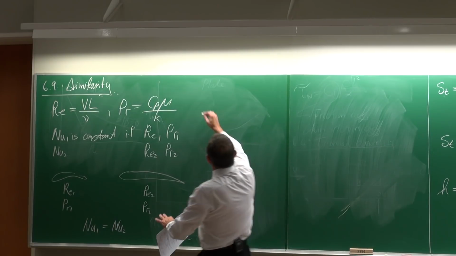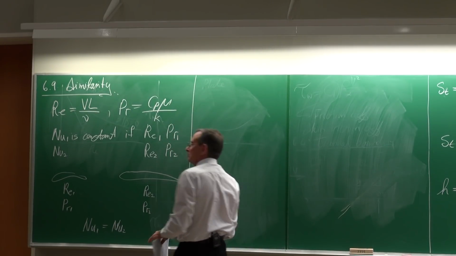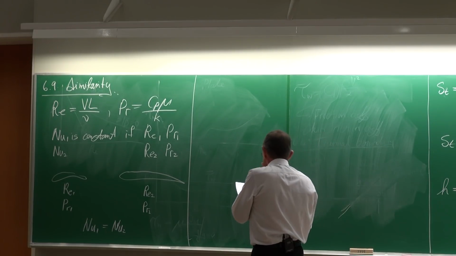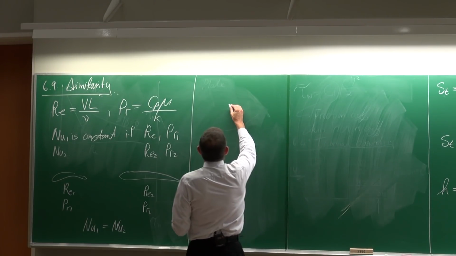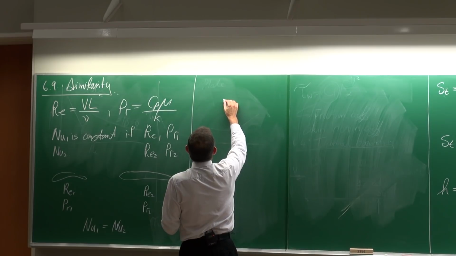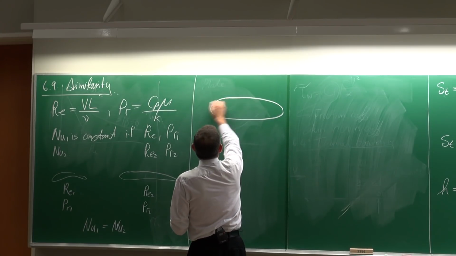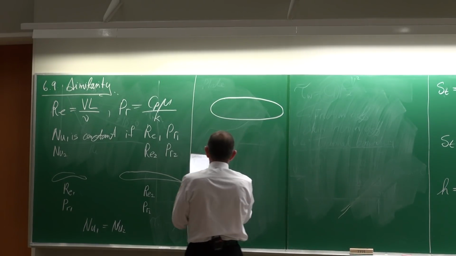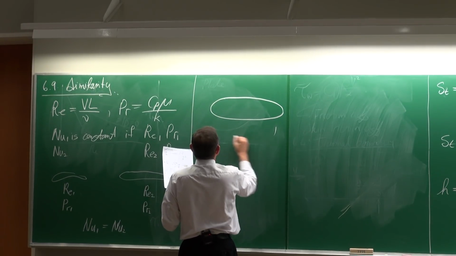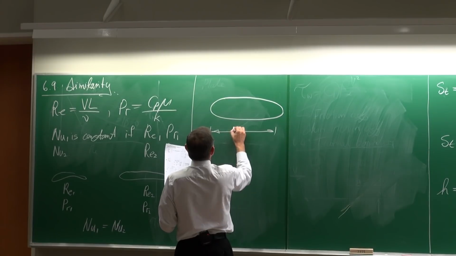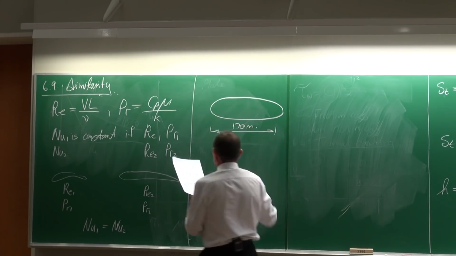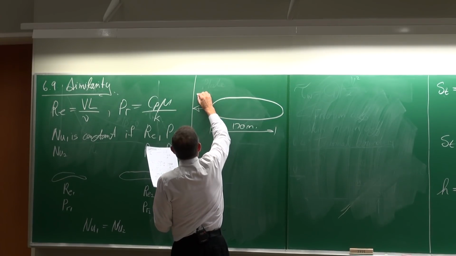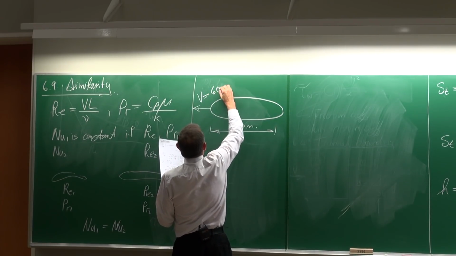Now this might seem a little bit abstract, but let's look at a practical example. Let's suppose you're involved in the design of a submarine. This submarine typically has a length of 170 meters, and its velocity is 60 kilometers per hour.